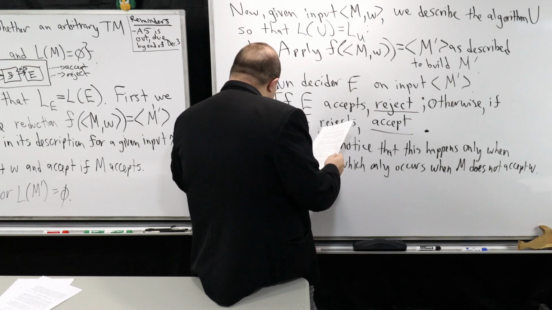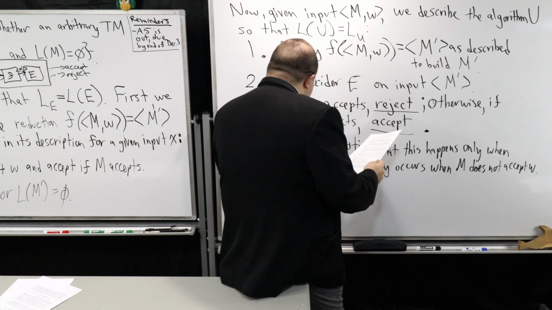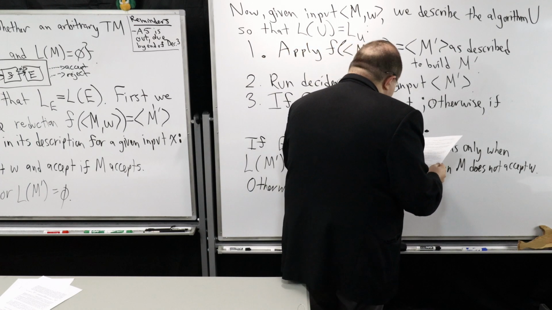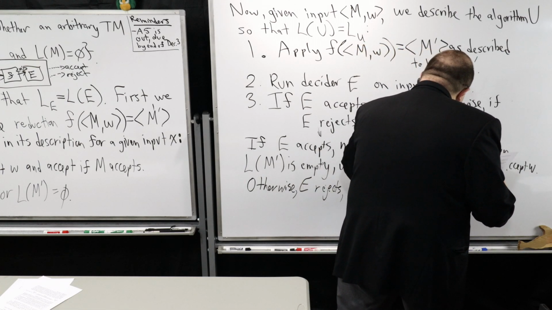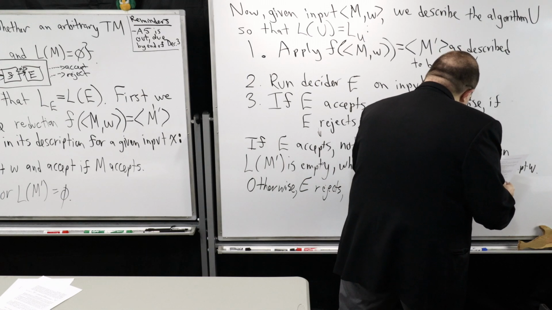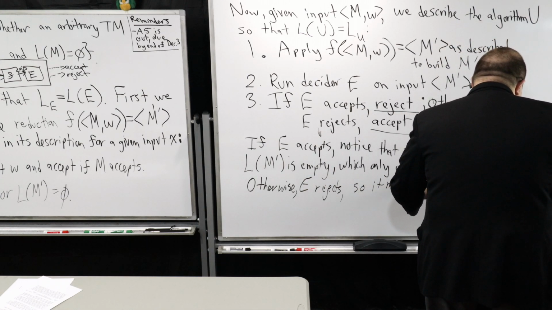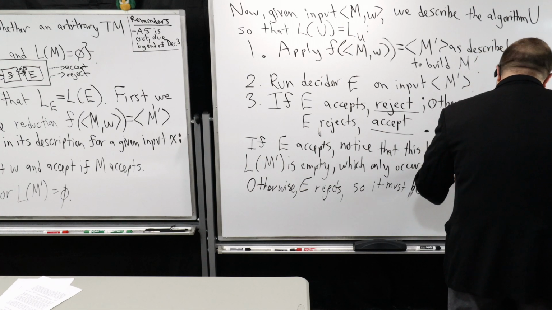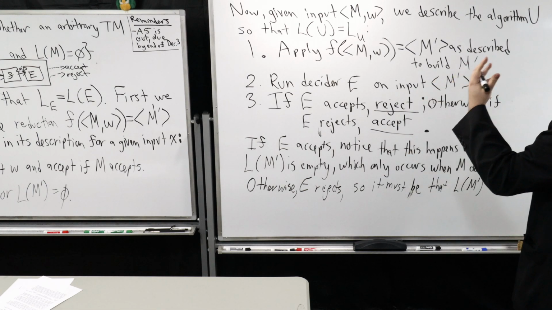Now the other possibility is otherwise, E rejects. So it must be, sorry, I had the reasoning backwards here. My apologies. What I'm writing here is correct. I was getting ahead of myself.